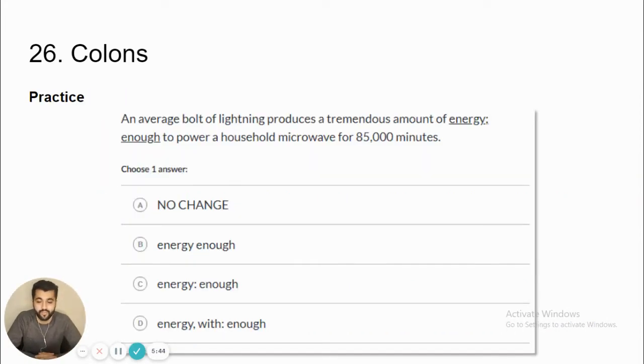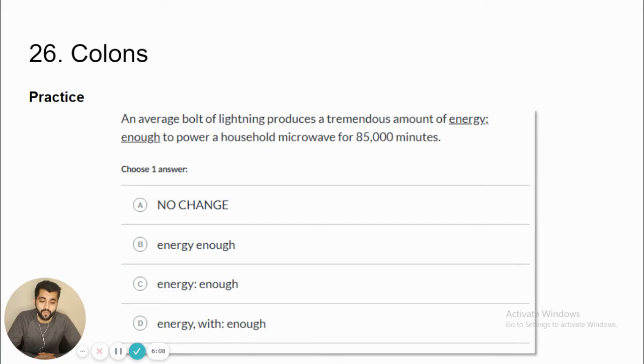Right, so let's do a practice question. An average bolt of lightning produces a tremendous amount of energy; enough power to power a household microwave for 85,000 minutes. Here, the second part of the sentence does not seem like an independent clause. Enough to power a household microwave for 85,000 minutes.